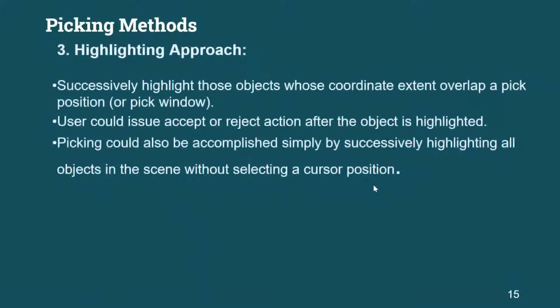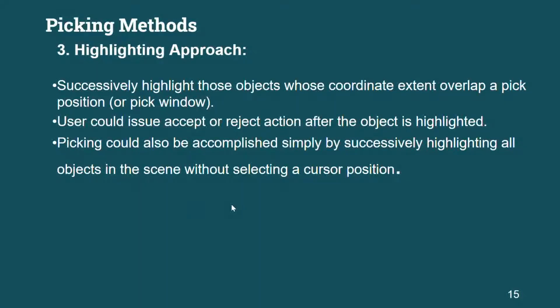And moving on, we have a highlighting approach. In the highlighting approach, what we basically do is we highlight a series of objects. Say we highlight most of the objects we want to pick, and the user is given a choice to reject the objects he doesn't want to pick.